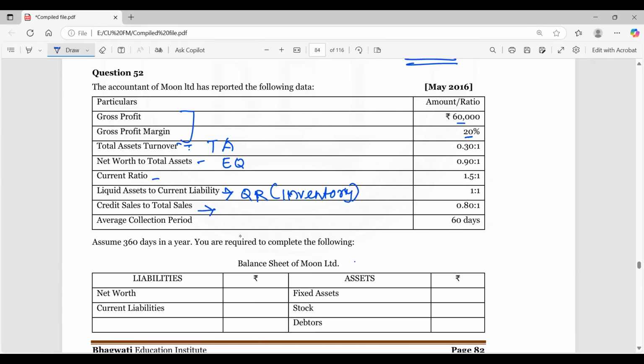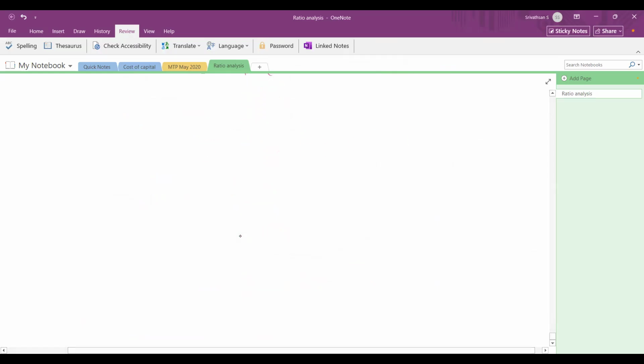Then credit sales to total sales is given. So where do we use this information? For calculating receivables, because we will have receivables only when we are having credit sales. For cash sales, no receivables, right? So the average collection period, again, we will use for calculating receivables. So let's do the first working note, calculation of sales, question number 52.